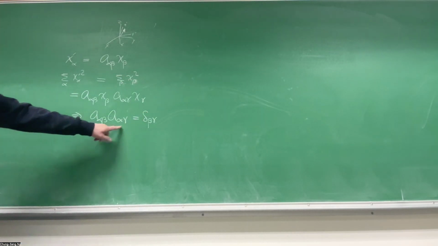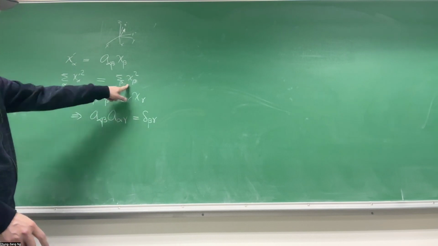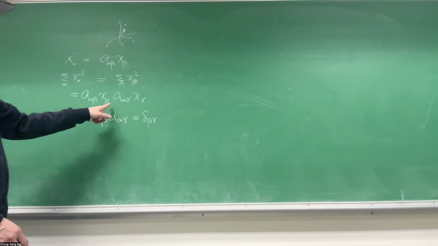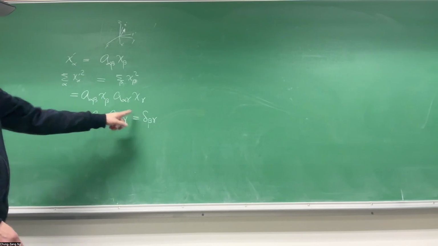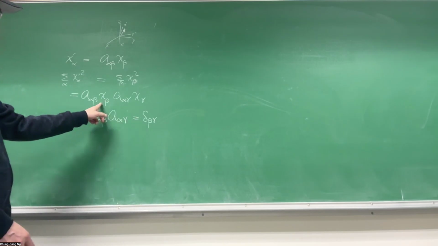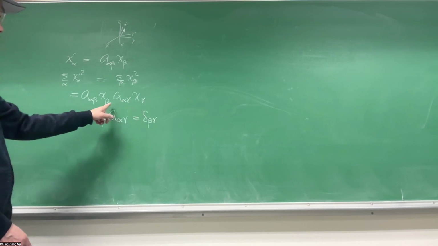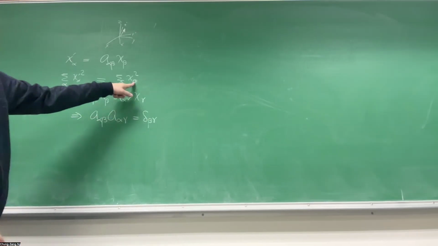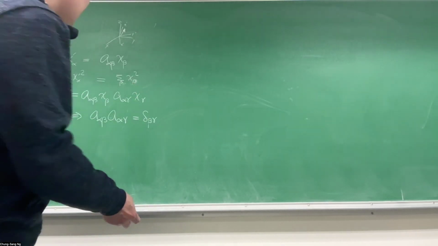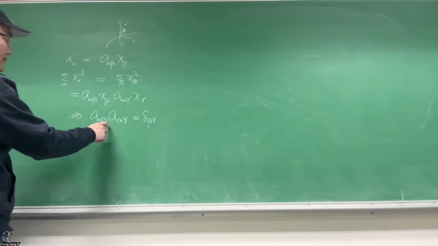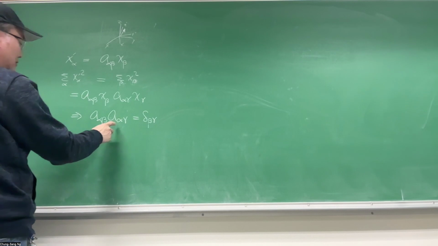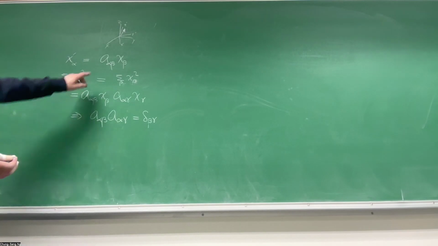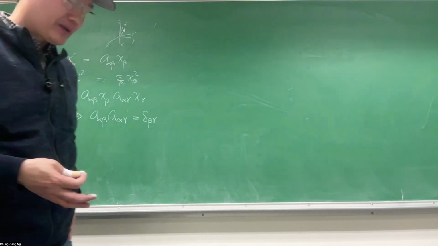When this is true, this one will go back to that one because of the Kronecker delta. Sum over these two becomes the Kronecker delta, and for the sum over either beta or gamma, using the Kronecker delta, you just change the other index, so you change gamma to beta and get to this one. Okay, so that's the property the transformation matrix must satisfy. This is satisfied by the rotational matrix, and the rotational matrix, of course, you can look up or figure out.